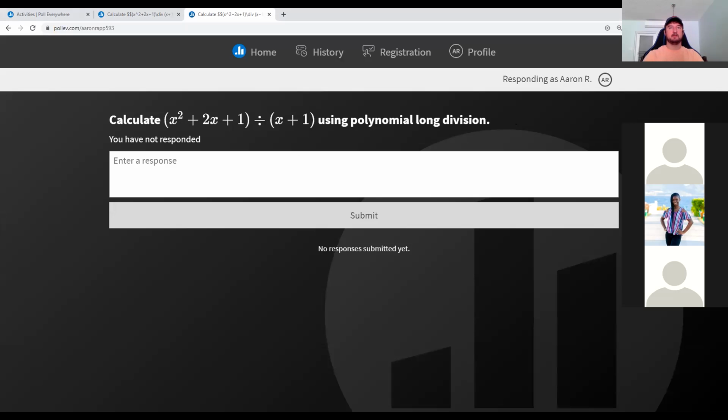So I'll give you all a second. Technically, you can solve this one without doing polynomial long division, but if you don't use long division at first, use it to inform your answer. That's the hint I'll give you. Set up.